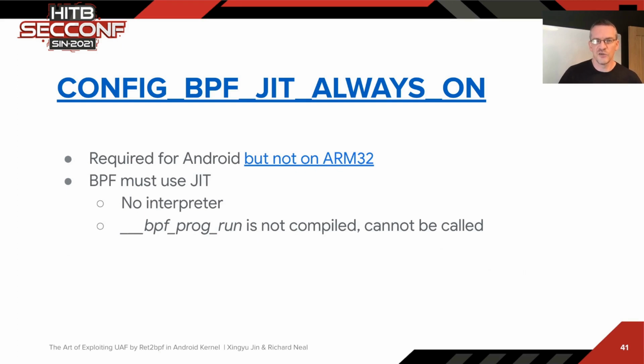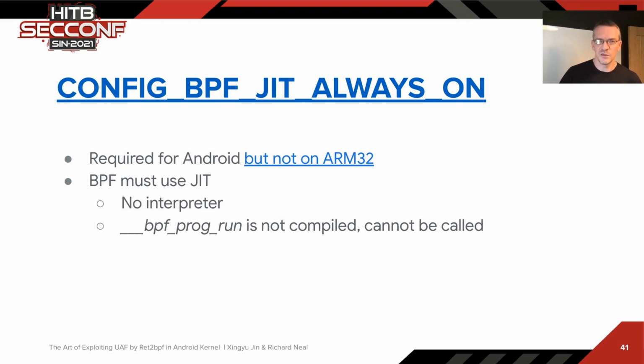As Xingyu demonstrated earlier, if the BPF interpreter is present, then having control of the instruction pointer and some arguments allows it to be called to execute arbitrary BPF instructions without them having gone through the verifier. This mitigation blocks the Ret2bpf technique that was used in the demonstrated exploit in order to bypass other mitigation techniques, defense in depth.